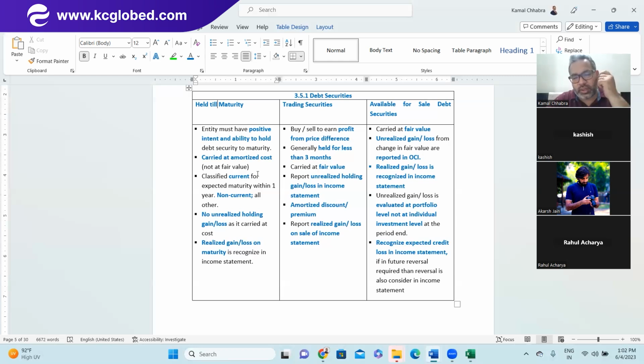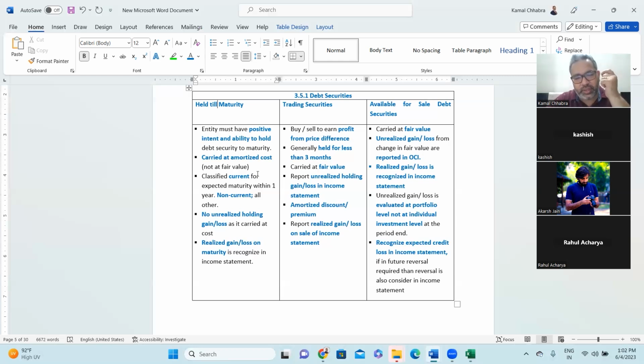So when you have classified any debt security as held till maturity, it does not give rise to any gain or loss on account of change in the value. Hence, there is no gain or loss which needs to be booked. Make sense?